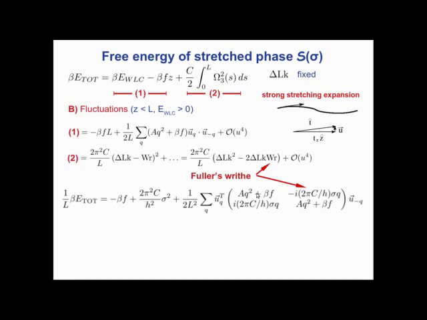The diagonal part is from pure bending fluctuations, and the non-diagonal part is coming from this writhe fluctuation. But this is still a Gaussian model. So now to calculate the partition function, I have to integrate over all possible values of these amplitudes u of q, and this is a sum over q, so all the modes are independent for different q's.